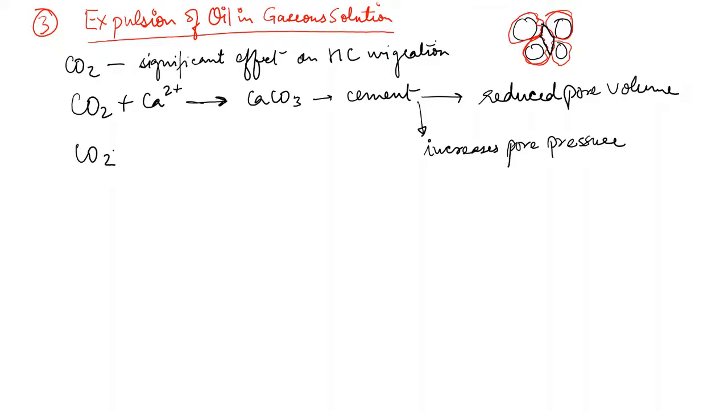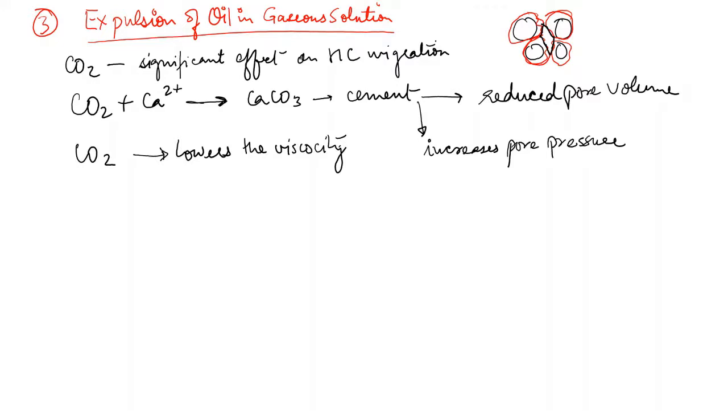Now, CO2 in the solution also lowers the viscosity of the oil. You know that if it is more viscous, it will not flow freely; if it is less viscous, it will flow freely.